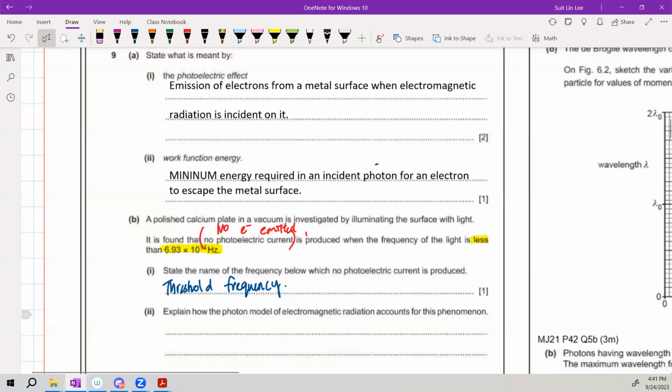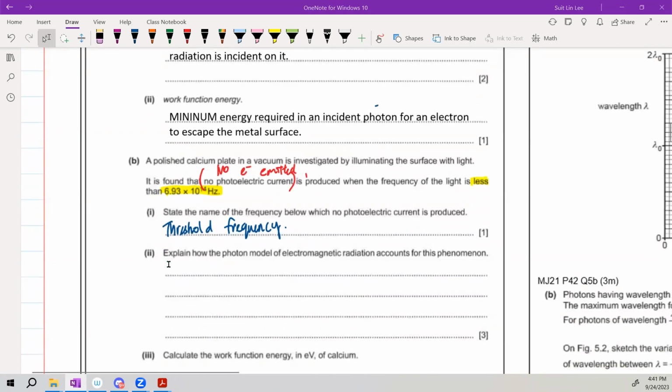Next part. Explain how the photon model of the electromagnetic radiation accounts for this phenomena. Okay, so we need to talk a little bit about what a photon is. So photon, discrete energy, right? Photons are discrete, with a fixed value, packets of energy.